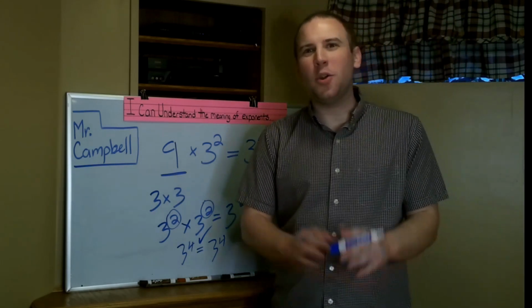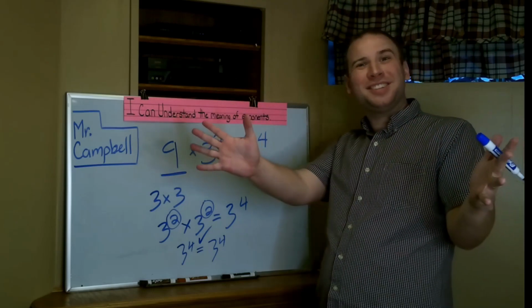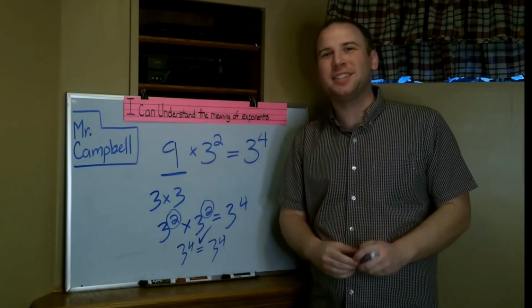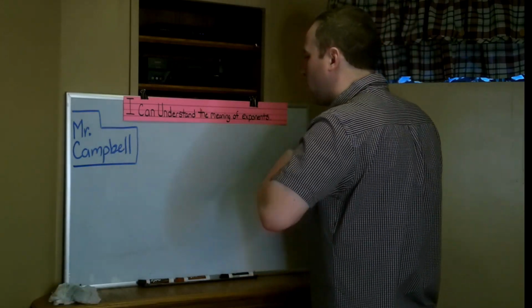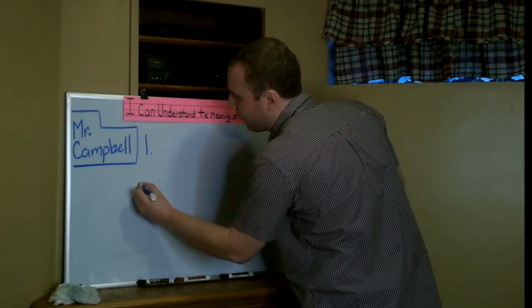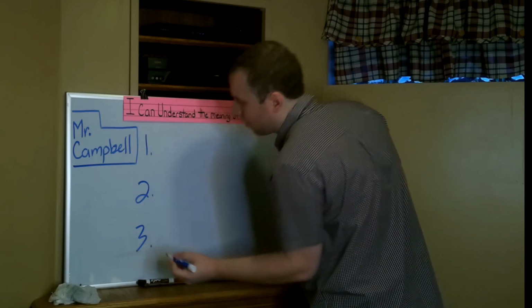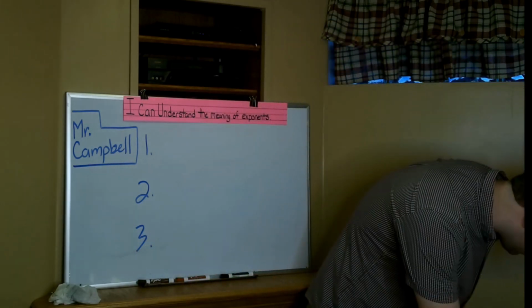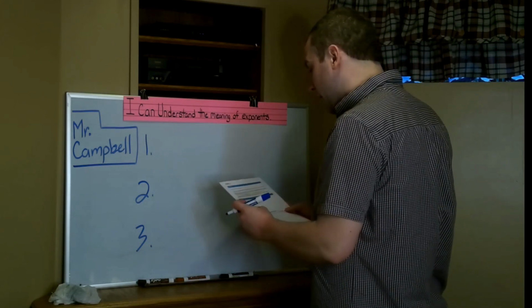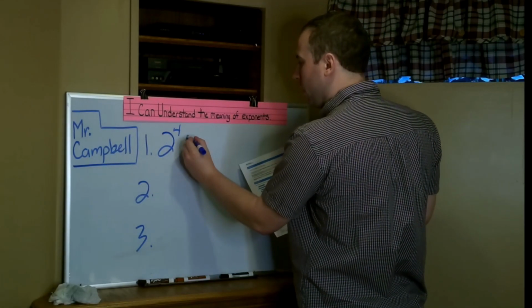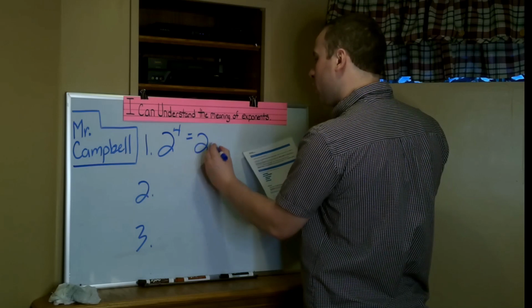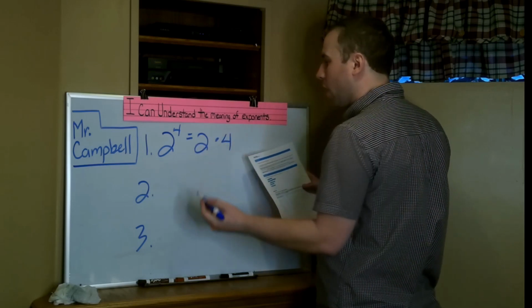Excellent. Now, normally this is the part where I ask questions, but seeing as this is a digital lesson, if you have any questions, just feel free to give me an email. Let's look at the next three examples I have for you. My first one: I have 2 to the 4th power equals 2 times 4.